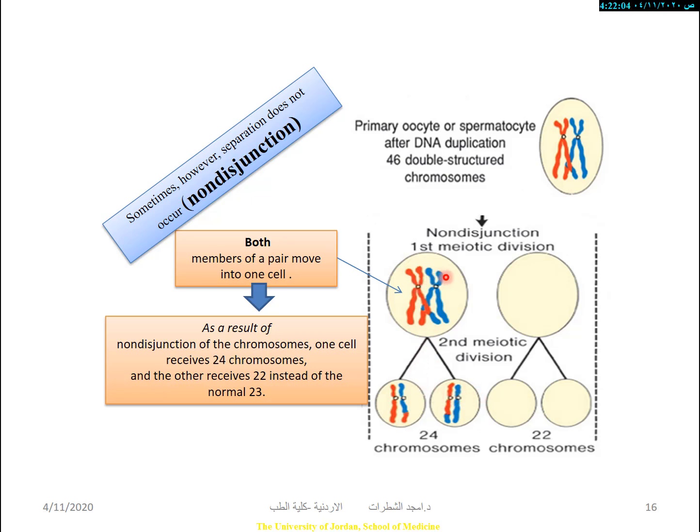Now two things have gone wrong here. Supposedly this is an oocyte. One of the daughter cells has an extra copy and the other is lacking a copy. This would go into meiosis 2, and the result would be a cell with 24 and a cell with 22: an oocyte with 22 and another oocyte with 24.